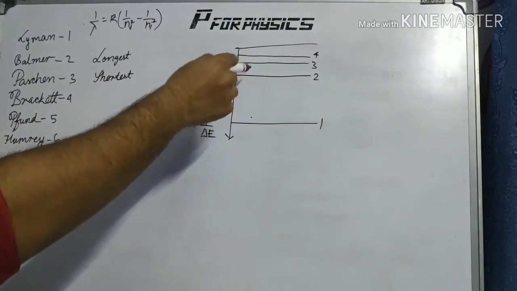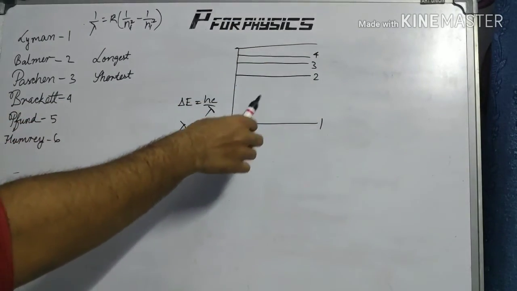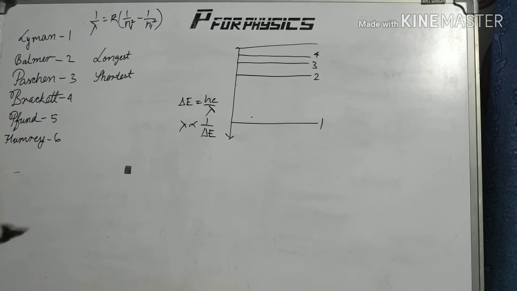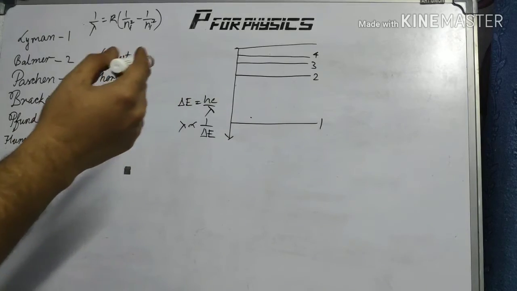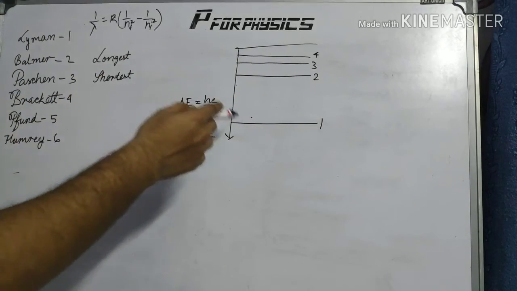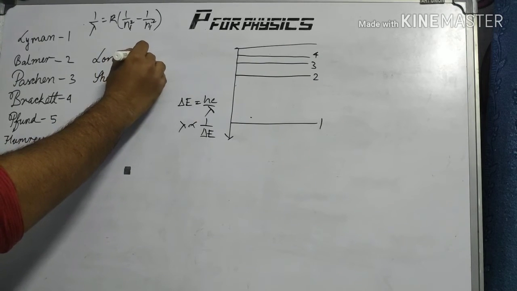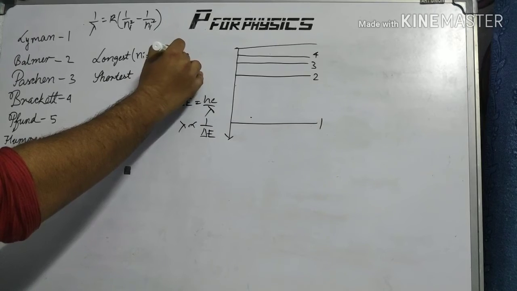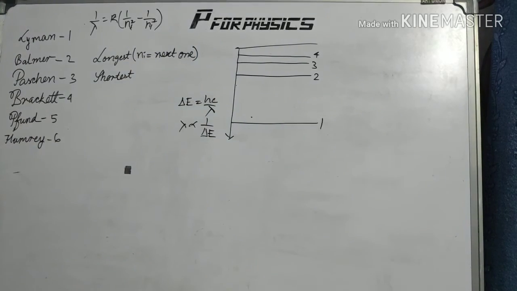Say for 2, the shortest gap is the next one, that is 3. For 1, the shortest energy gap is from 2. So the idea is, to have the longest wavelength, you need the electron coming from exactly the next orbit. So in this case, ni would be the next one, that is, it falls from the next orbit.